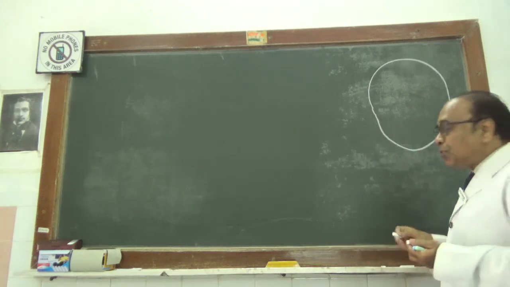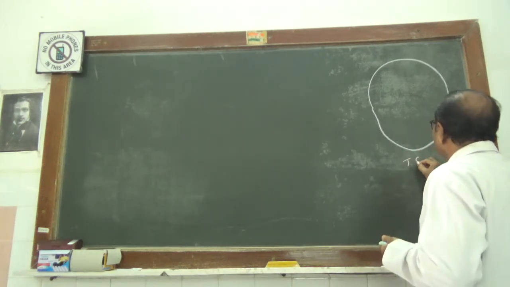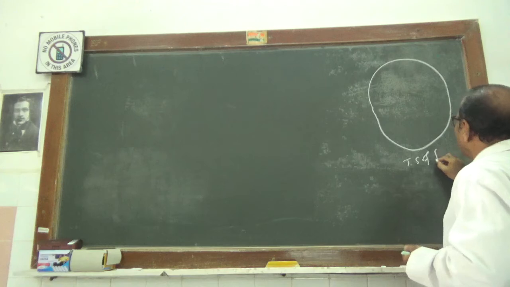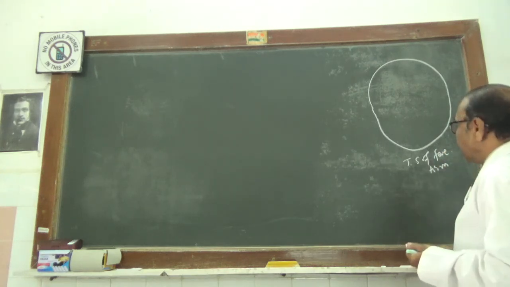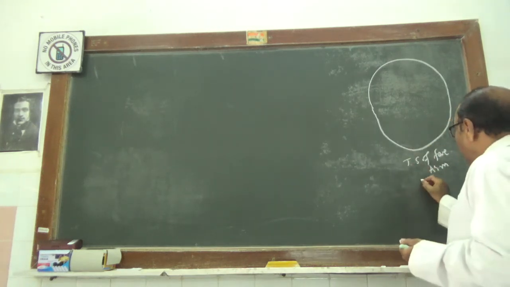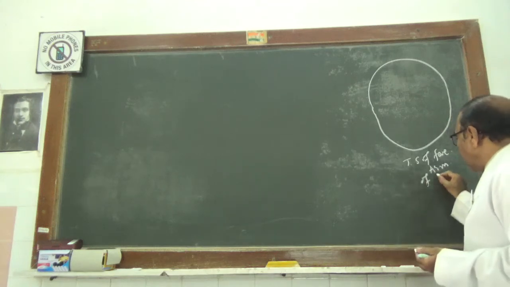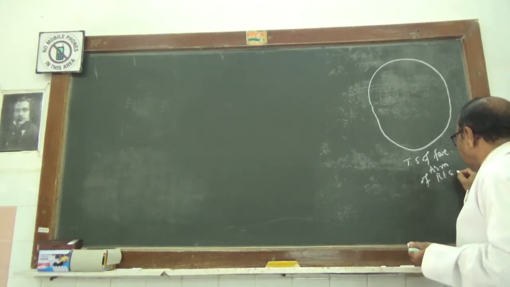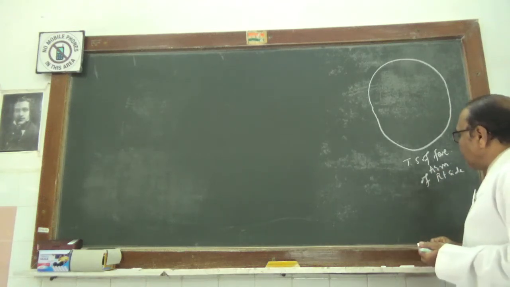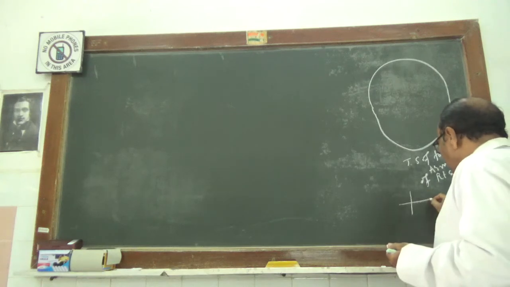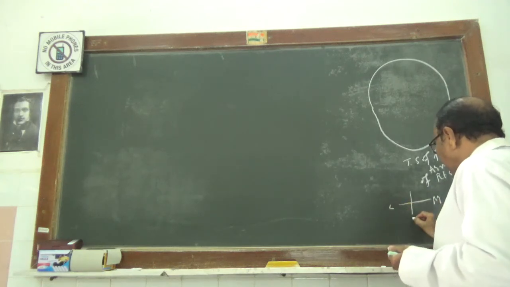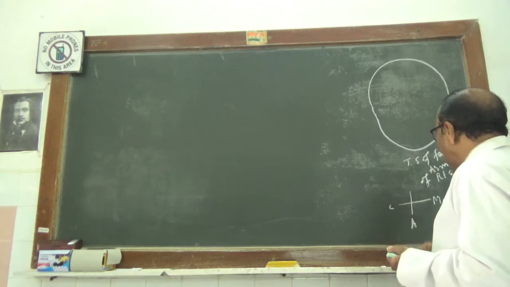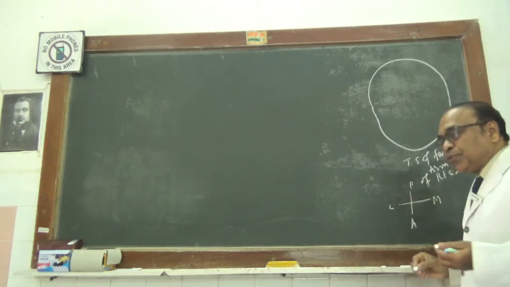This is the TS of the forearm, right side. So it will be coming like this. This is lateral, this is medial, this is the front, this is the posterior.